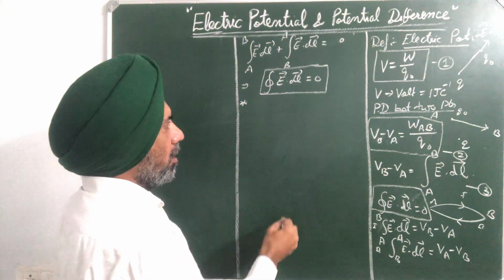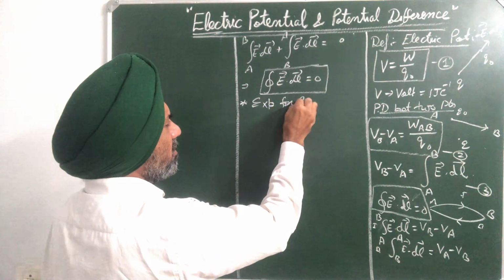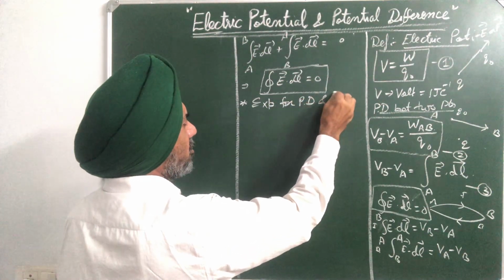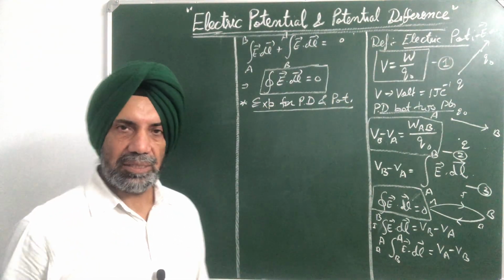Then we derive the expression for potential difference and potential at a point, which is very easy.